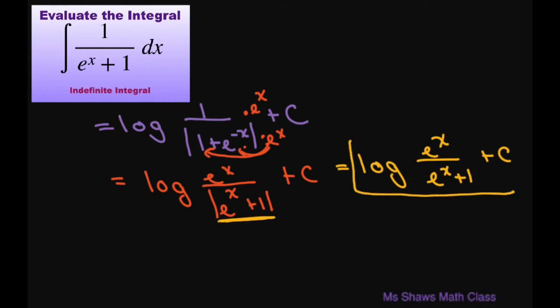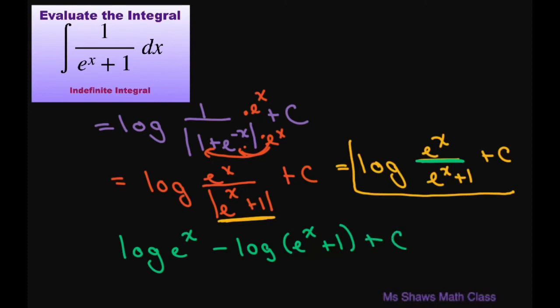If you want to keep expanding, we can write this as a difference of logs and write this as log of e to the power of x minus log of e to the power of x plus 1 plus c.